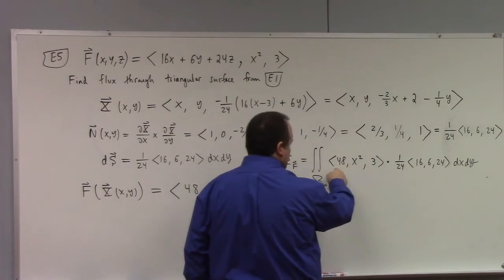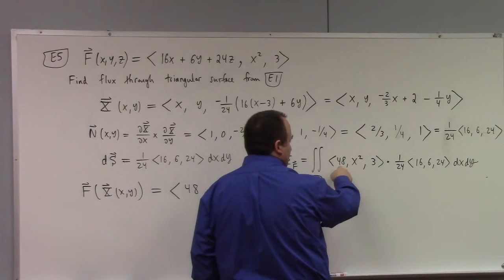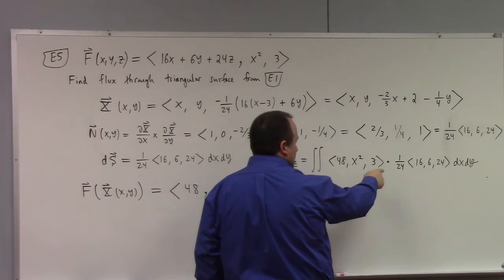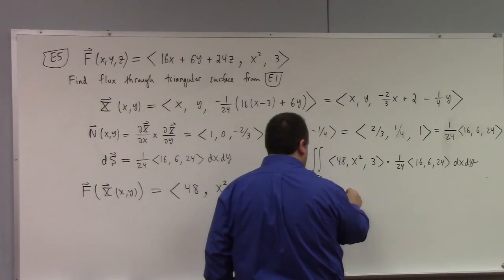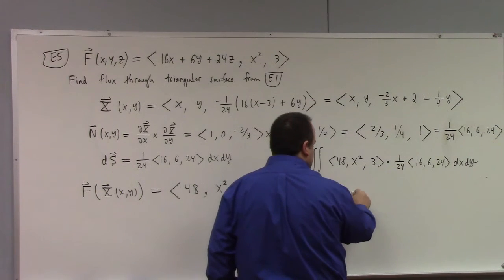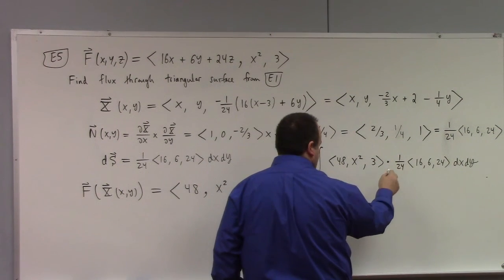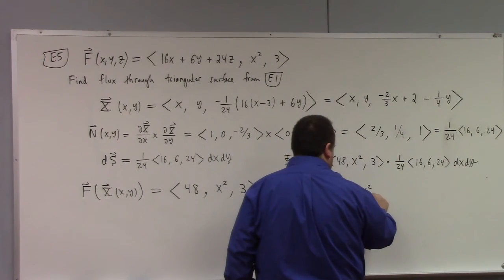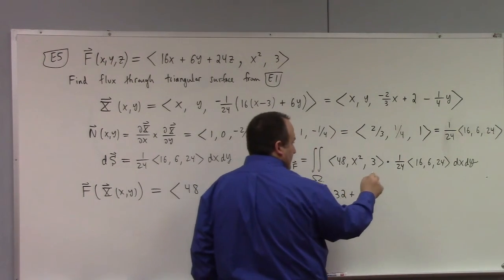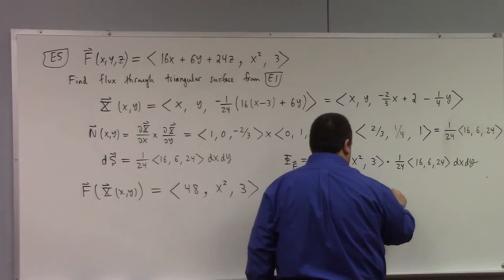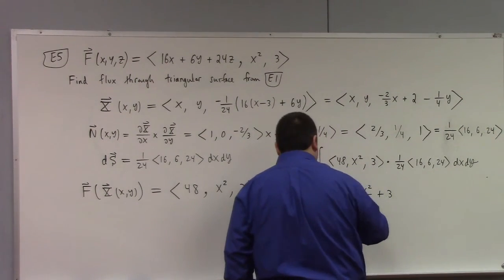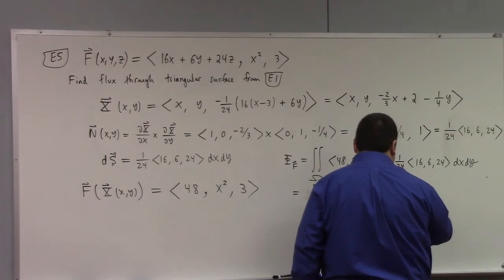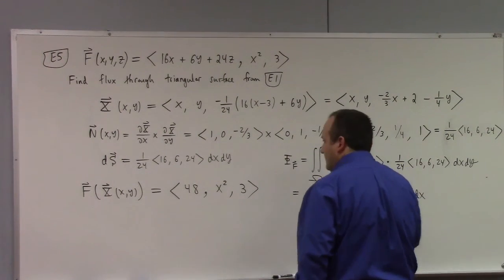So 48 divided by 24 is 2. 2 times 16 is 32. So I got 32 plus x squared times 6, plus x squared over 4. I kind of regret not sticking with my fractions at this point. Oh well. And then plus 3, I believe. All of that, let's say, times dy dx.